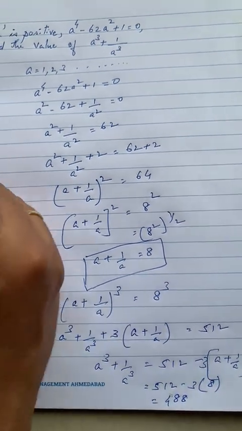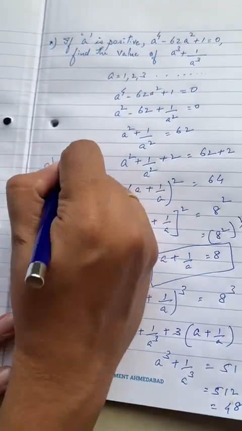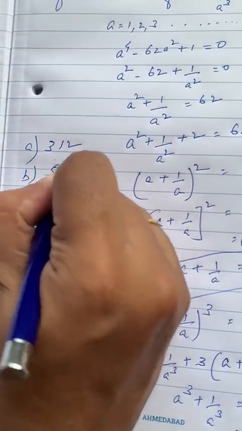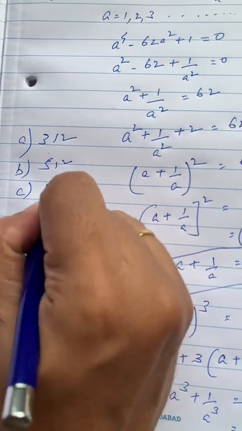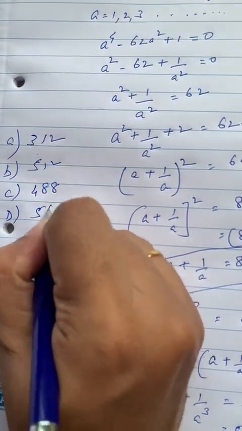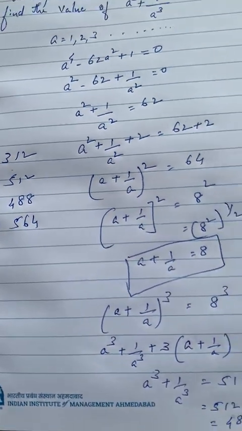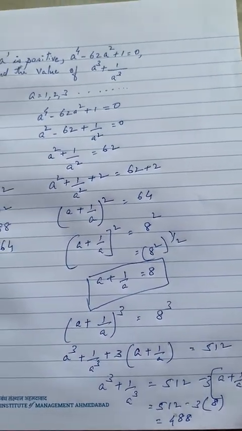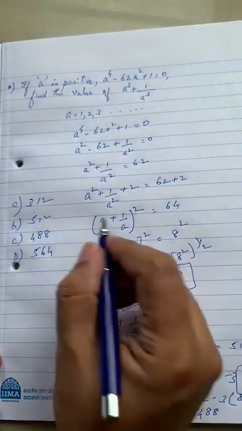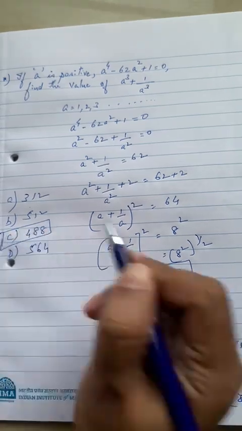There were 4 options given: A 312, B 512, C 488, D 564. Among the four options, we have the one we got, which is 488, so we can choose it.